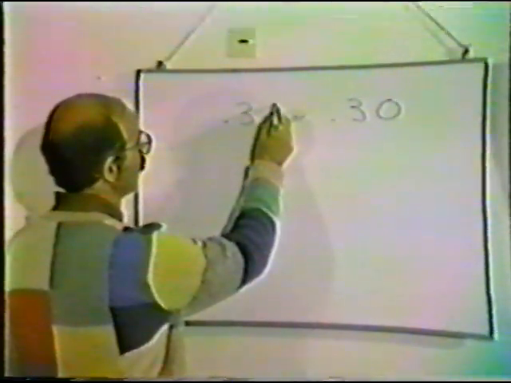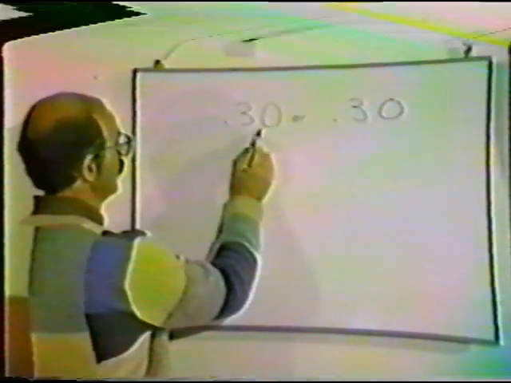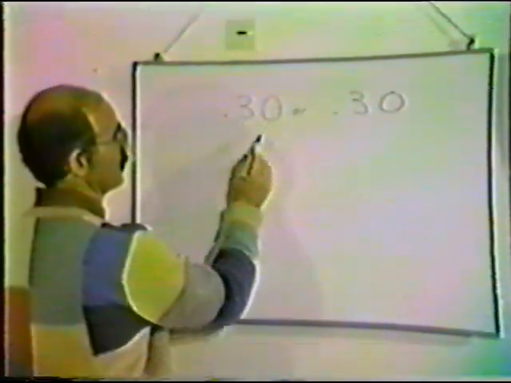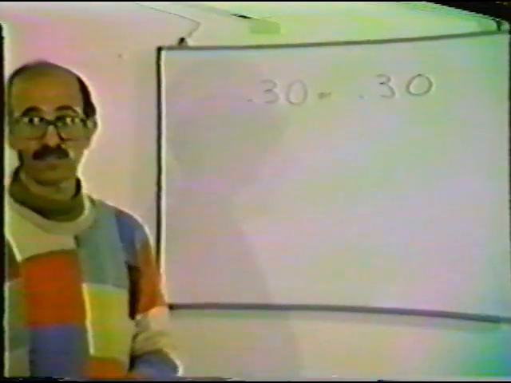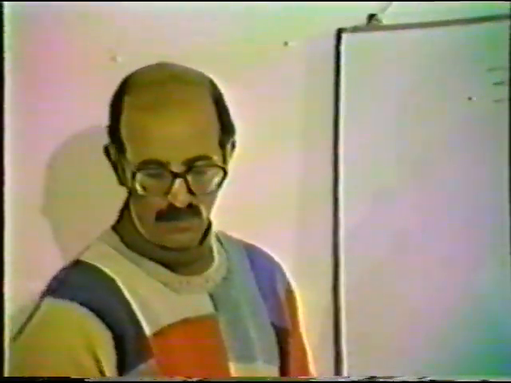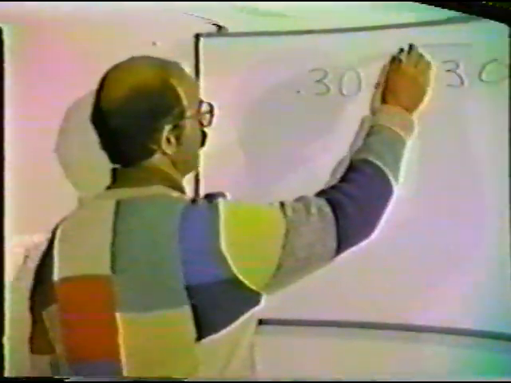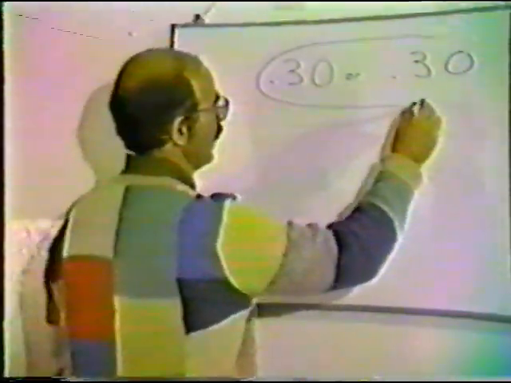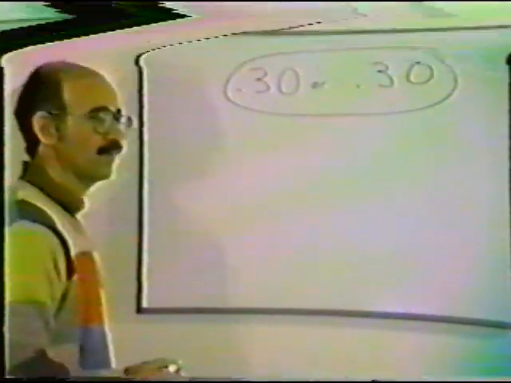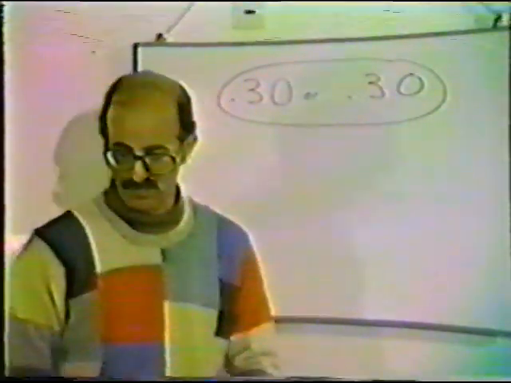So let's add one here. This 0 does not change the value. Now tell me which one is bigger. They're the same. They're not only the same, they look the same. It makes it really easy. So we'll put a circle around both of them. If I ask you to circle the larger one, you'll circle, in this case, both of them.